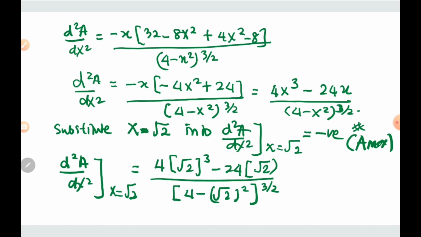Then simplify, you will get root 2 times root 2 times root 2 is 2 root 2. We get 8 root 2 minus 24 root 2 over 2 to the power of 3 over 2.